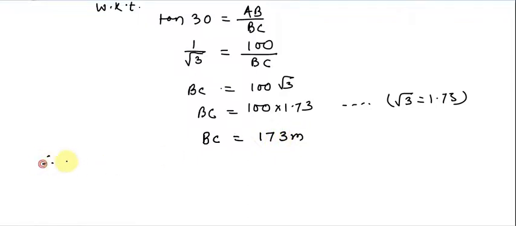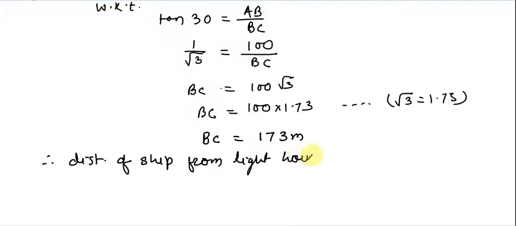So therefore the distance of the ship from the lighthouse is 173 meter. This is all about problem number 7.